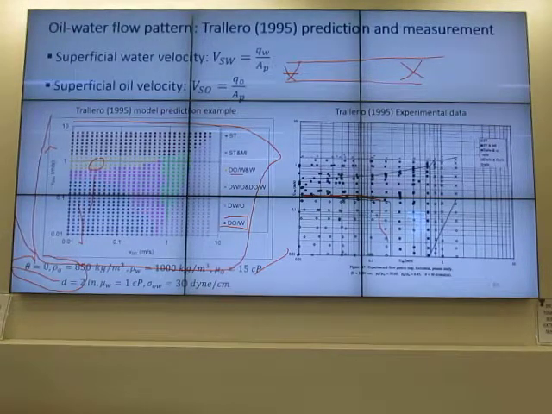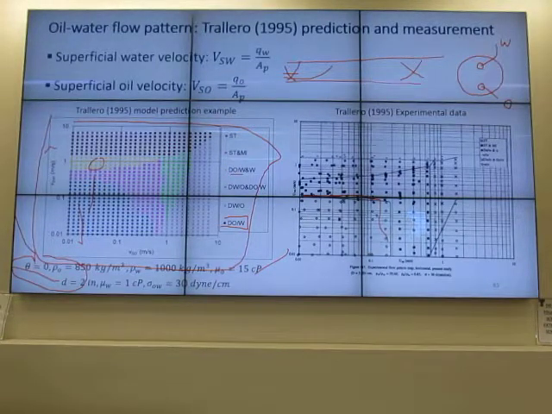Because what? At the inlet, if I have a cross-section view like this, on the top, I have the water inlet, and on the bottom, I have the oil inlet. So right at the inlet, oil will be injected from the bottom and then go up, right?